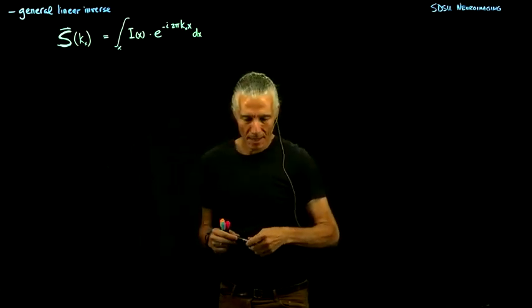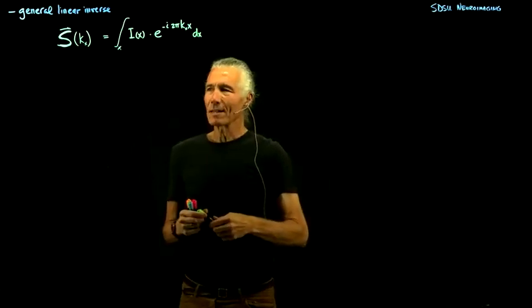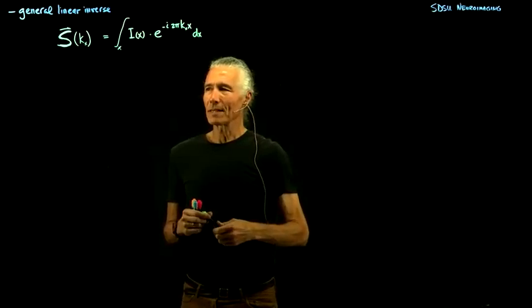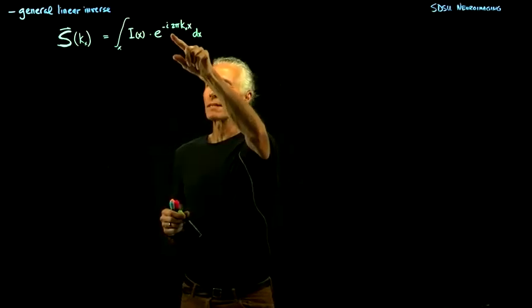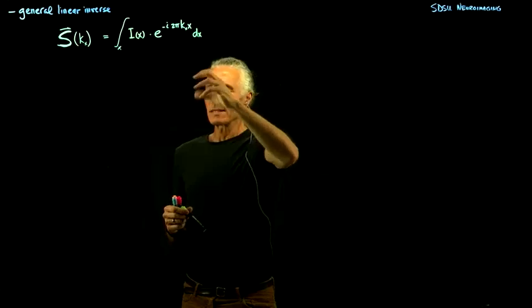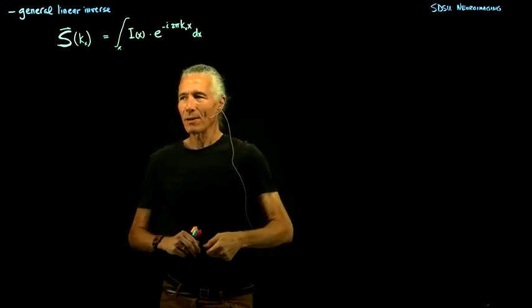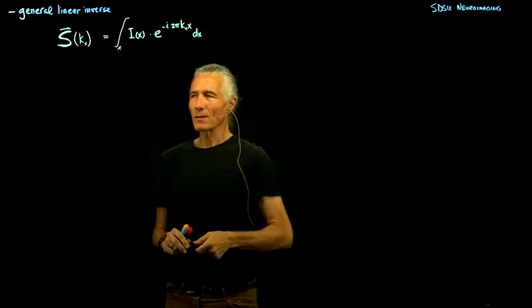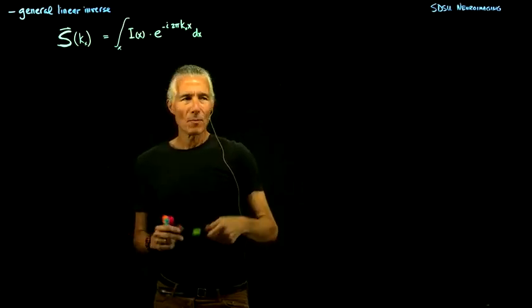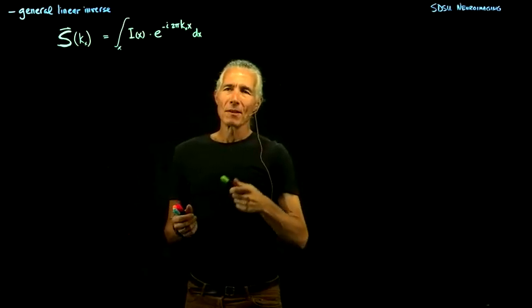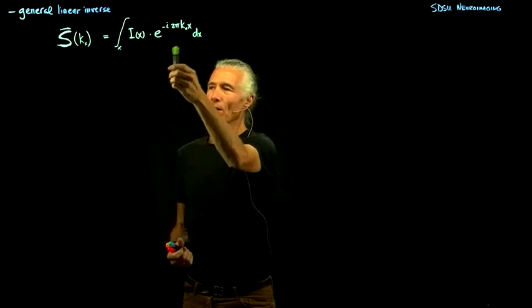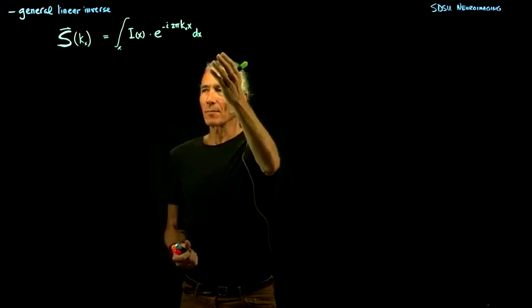But in reality, the stripes are not perfect. And if they're not perfect, then the equation doesn't quite hold. So that's what we're going to talk about: how can we have a more general formulation of what's going on here that takes into consideration that the stripes are not perfect.